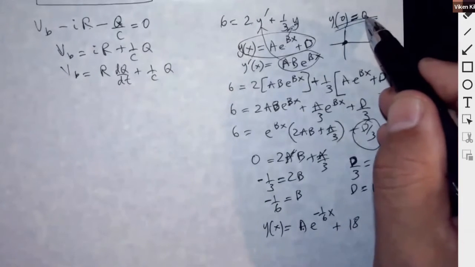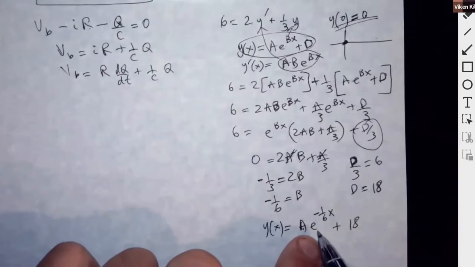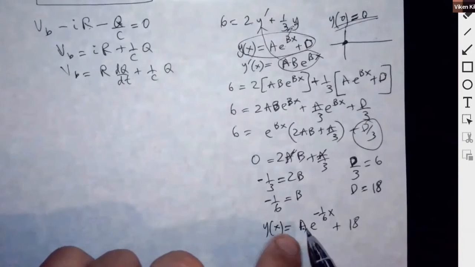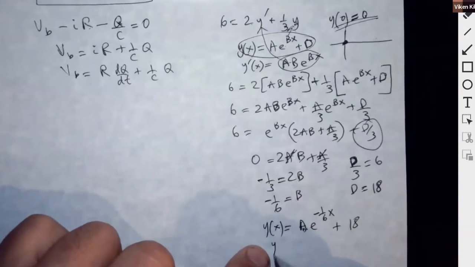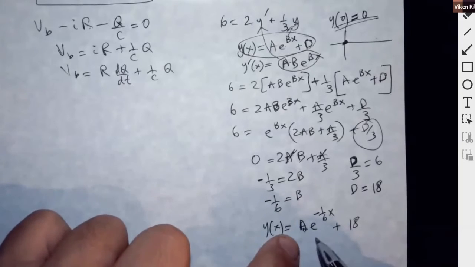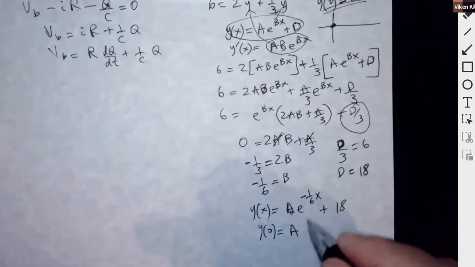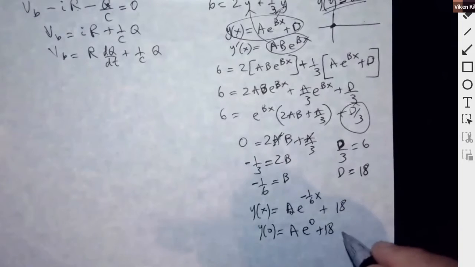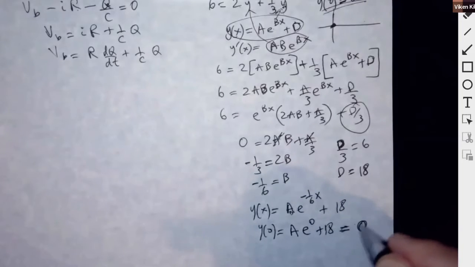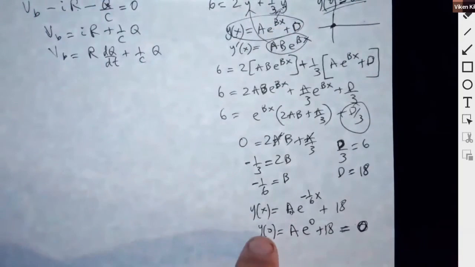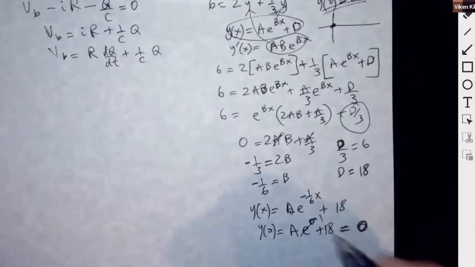So then if you're given this, you can put it into here, and that will help you solve for the a. So you say y of 0 is equal to a e to the 0, right? e to the 0 plus 18. And then you're told that that's equal to 0, right? In this case, y of 0 is 0. And then this is 1.